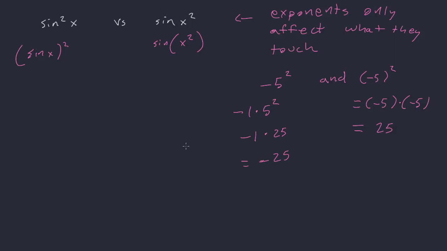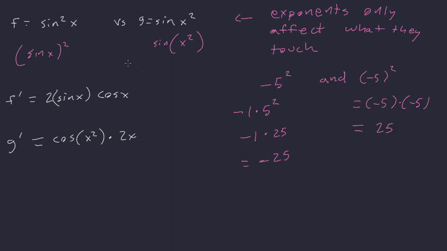Okay, it's messy, I know. So if this were f and this were g, f prime would be 2 sine of x times cosine x. Okay, either using the chain rule or the product rule. On the other hand, g prime would be cosine of x squared times 2x.